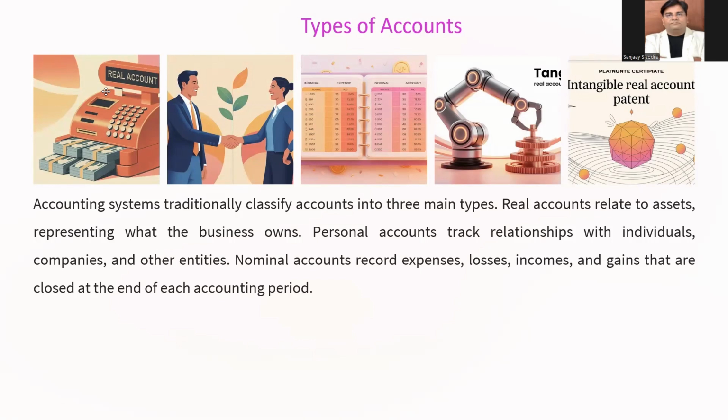The second category was personal accounts, which track relationships with individuals, companies or other entities. And finally, nominal accounts, which record expenses or losses and incomes and gains. The nominal accounts are closed at the end of each accounting period.